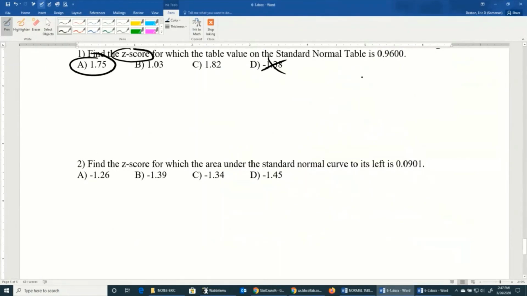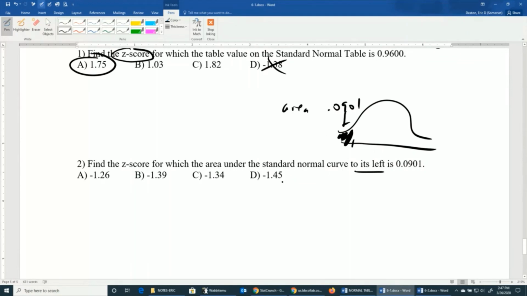So this question is actually the same thing as that question, but this one uses the words to the left. So 0.0901 is going to be way down here, which is only a small portion of the graph. So 0.0901 is the area for the z-score. So it's a really small area.